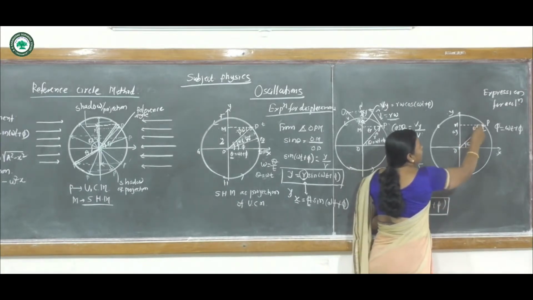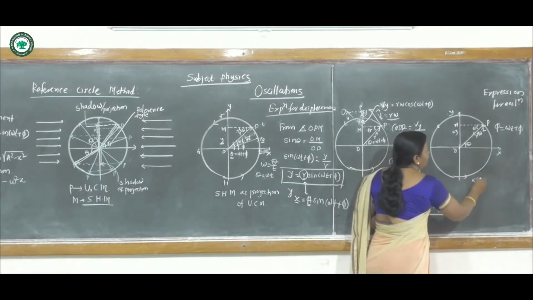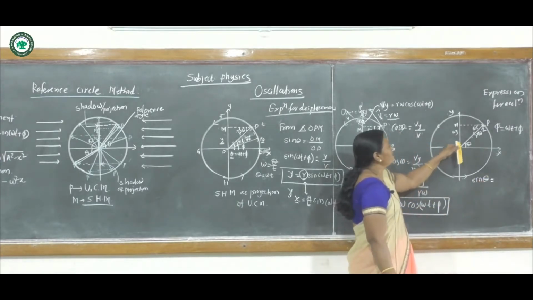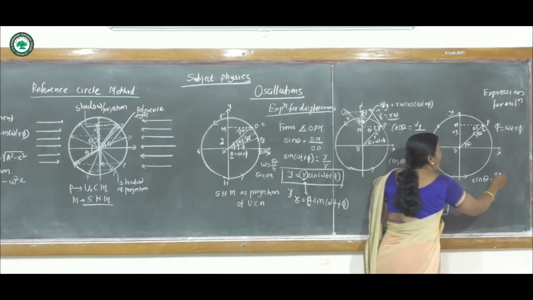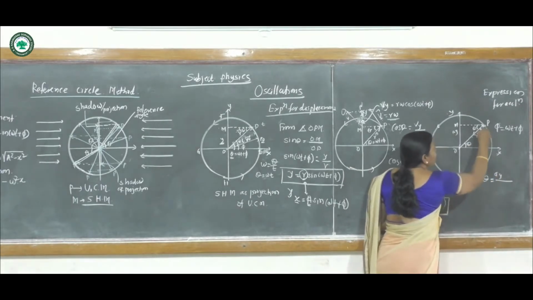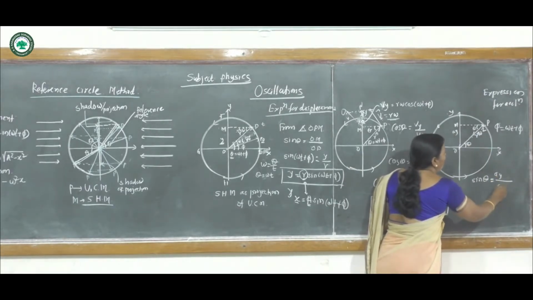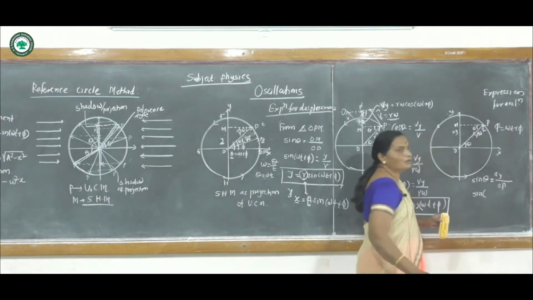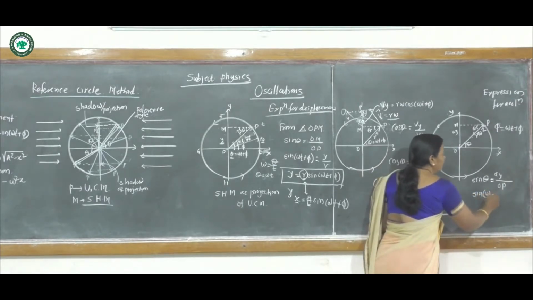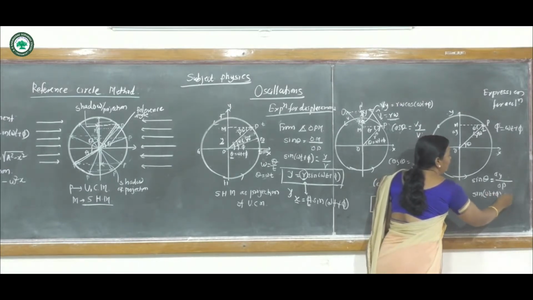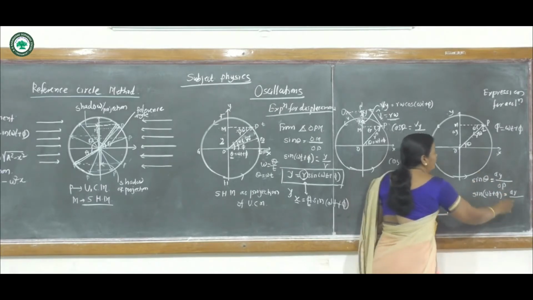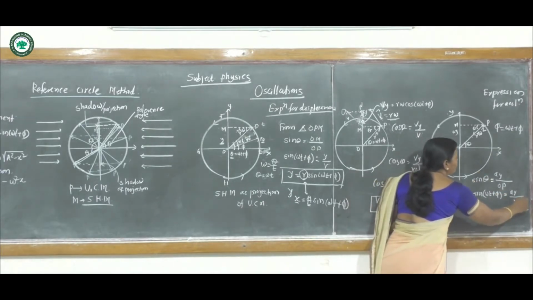In this case, again with angle theta, sin theta is equal to the front side, that is AY, divided by the hypotenuse, that is OP. Then sin of omega t plus phi is equal to AY divided by OP, which has the value r omega square.